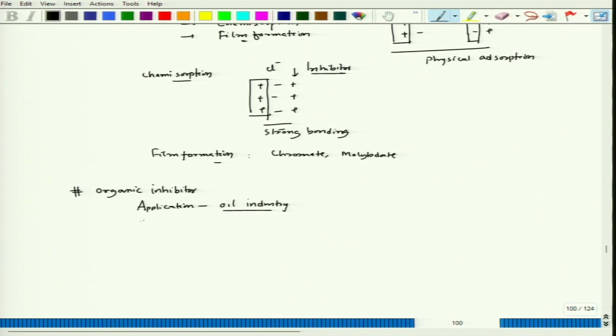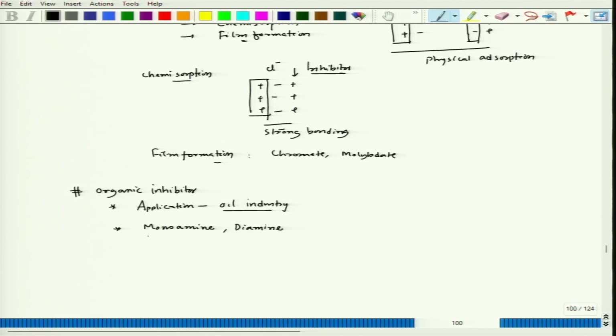They are not like cathodic or anodic inhibitors, but they can influence the cathodic or anodic processes depending on their character. So, they can get attracted to the cathodic areas as well as anodic areas, and then they can block those reactions. Examples are monoamine or diamine.